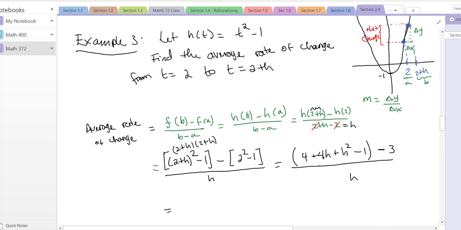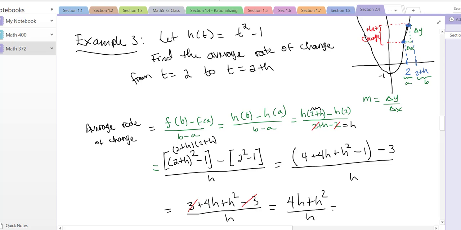And simplifying some more, combine like terms. On the inside here, 4 minus 1 is 3. So I have 3 plus 4h plus h squared minus 3 all over h. And combining like terms again, 3 minus 3, those cancel. And we're left with 4h plus h squared over h.